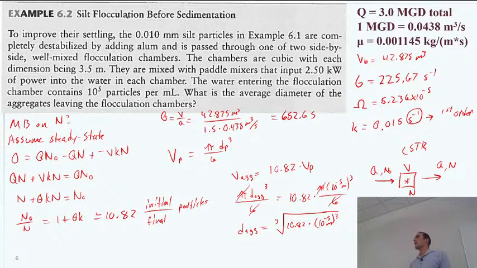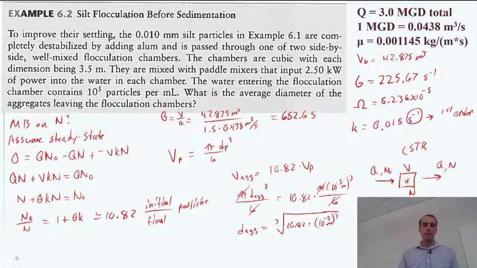That's the relationship. We know we're not losing any size of these particles. So we can set this up to say the volume of the aggregate, in terms of the diameter of the aggregate, is equal to that 10.82 times the volume of the particle.